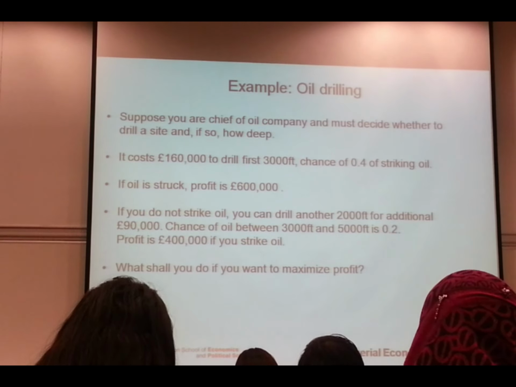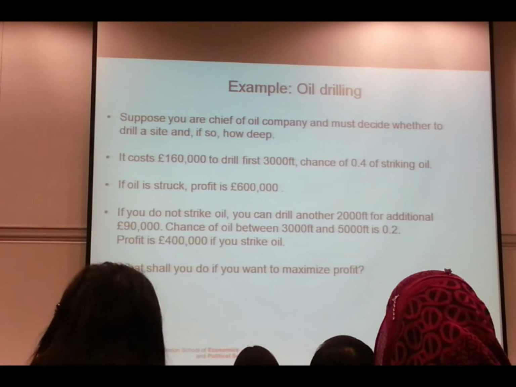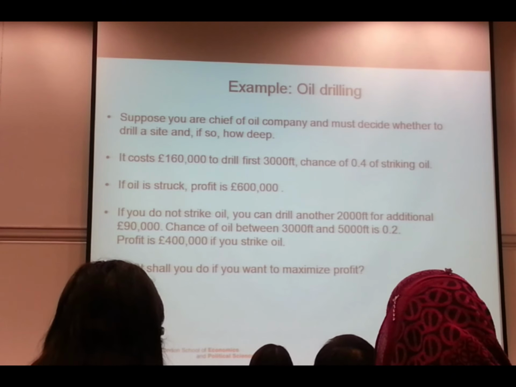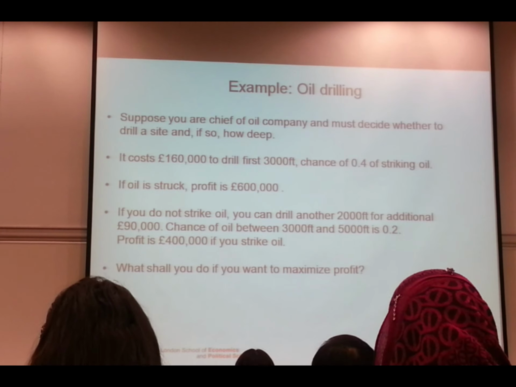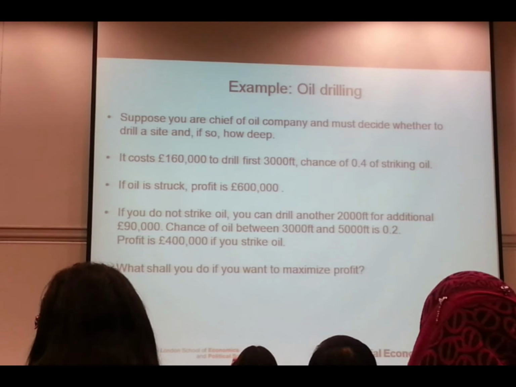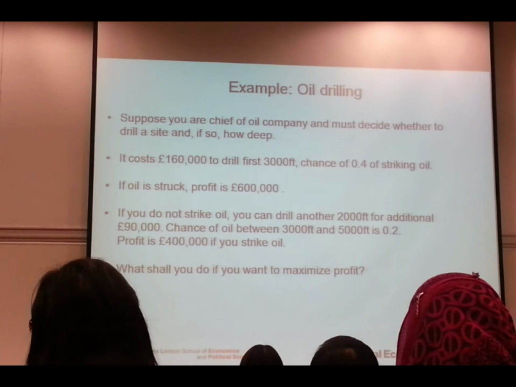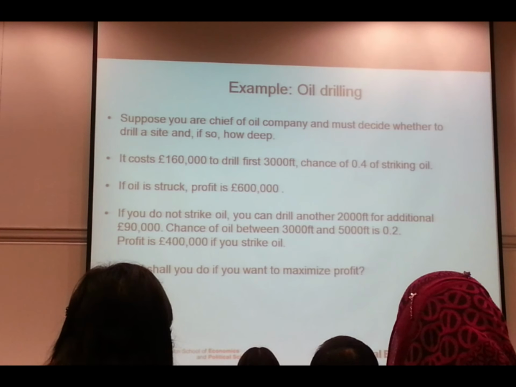To drill the first layer is going to cost you 160,000 pounds. Drilling the first 3,000 feet gives you a 40% chance of strike. If you do strike oil, then profit is going to be 600,000.